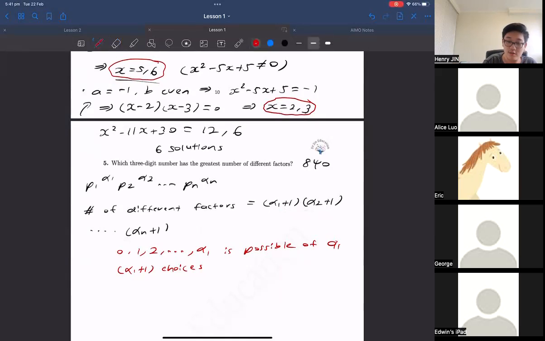Now we can just do the question. Which 3-digit number has the greatest number of different factors? This question is about balancing the number of factors with having smaller numbers or bigger numbers. For example, you could choose 2 to the 7, but that only has 8 factors.